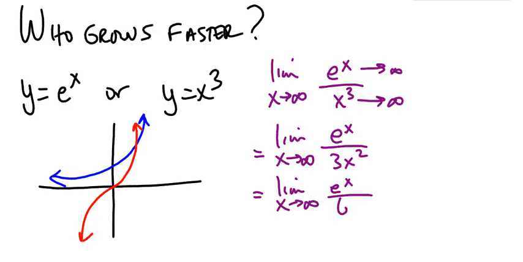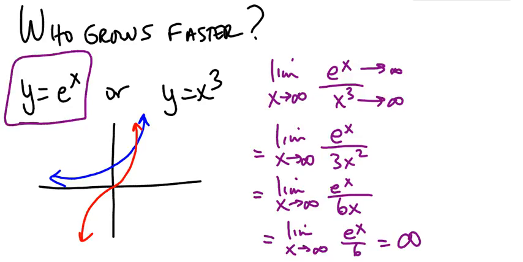Derivative numerator, derivative denominator, this goes to infinity, this goes to infinity, and just about when we're out of space, we say this goes to infinity, this goes to 6, that's infinity. So who grows faster? e to the x grows faster.